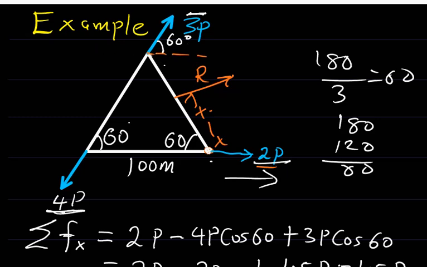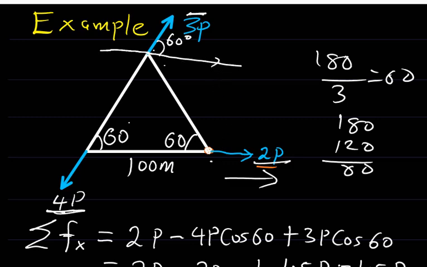If I resolve 3p horizontally, yes, that is the horizontal component, but there's something I'm going to do. For 3p, look at what I'm going to do. This is the horizontal component of 3p.